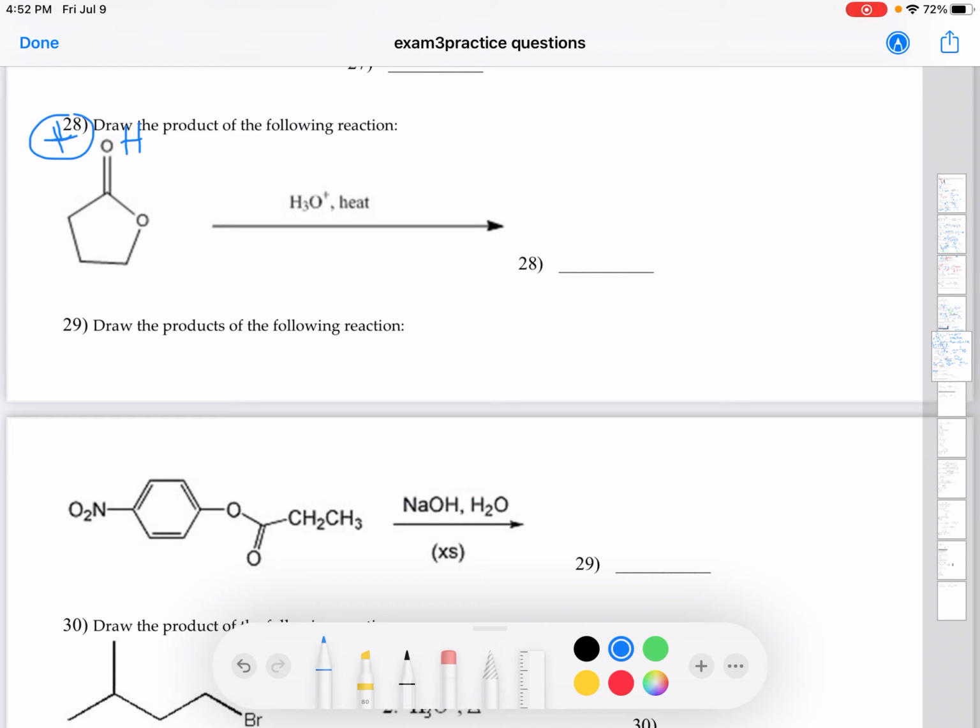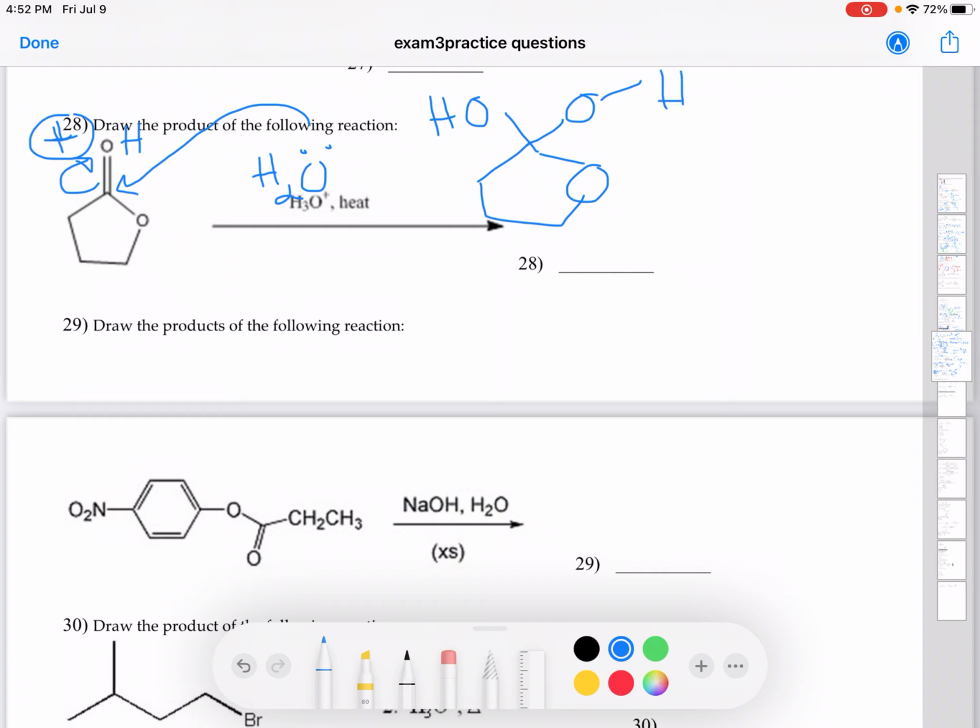So then the water molecule from the medium will come and attack the carbonyl carbon, making this molecule. You have oxygen, OH, and another water molecule will come.